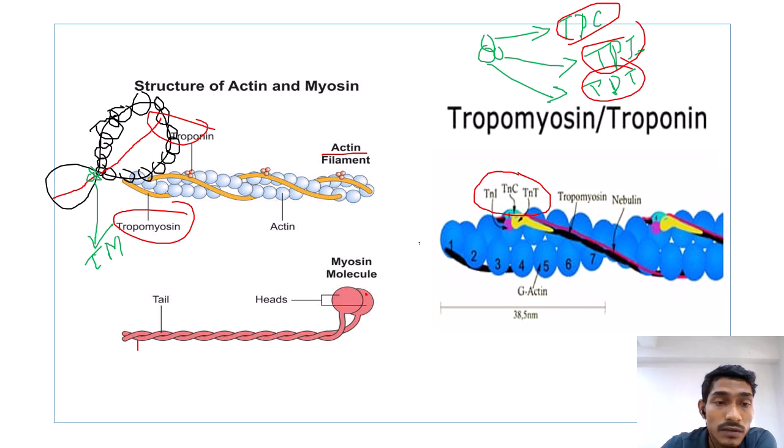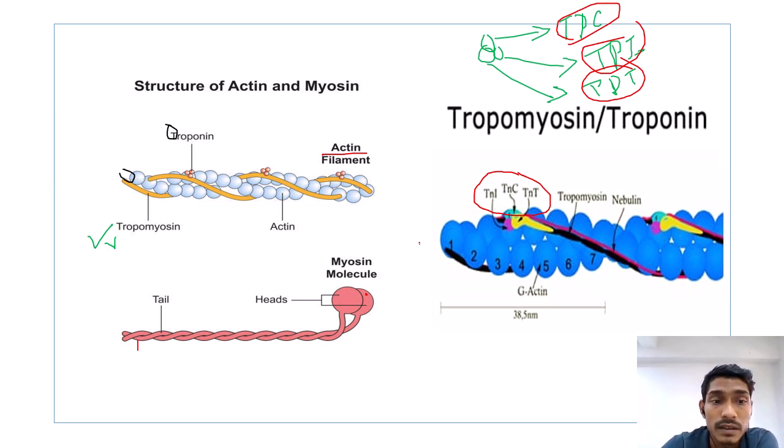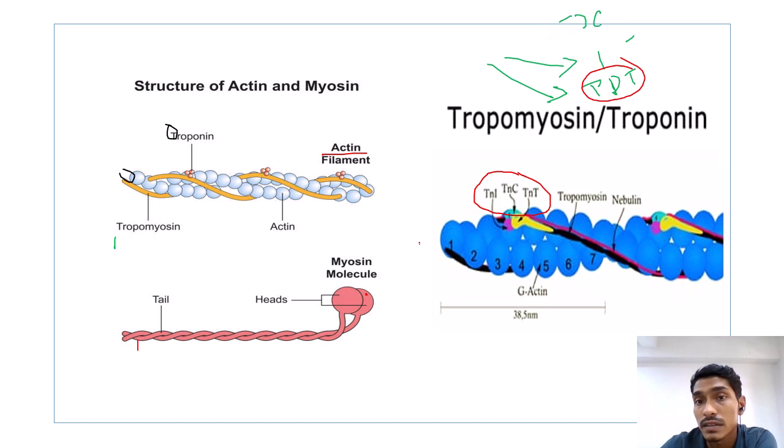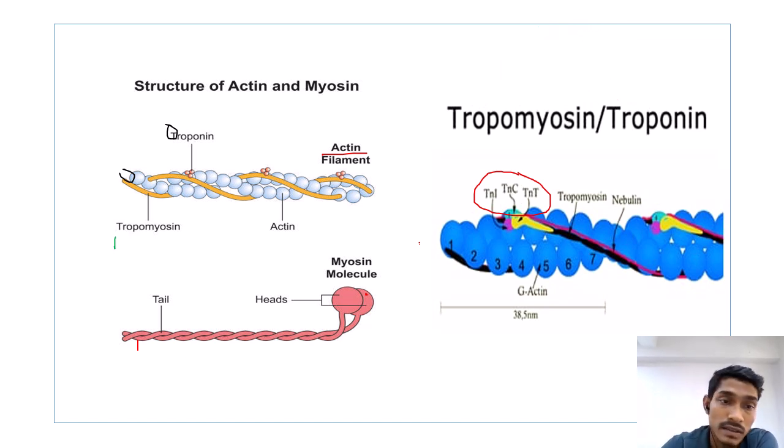So I think you have understood the structure. Now there are some conditions for muscle contraction. As I told you, it is the myosin head, and in the myosin head, actin was present.